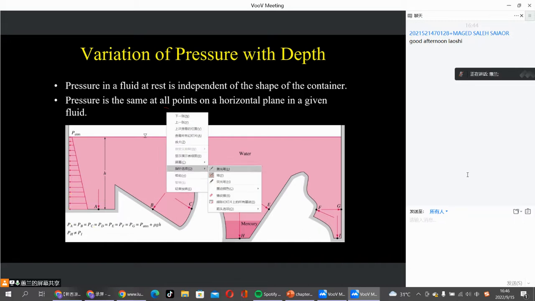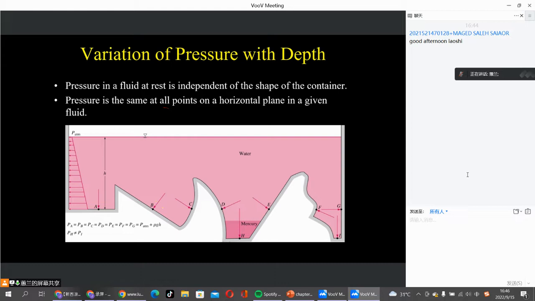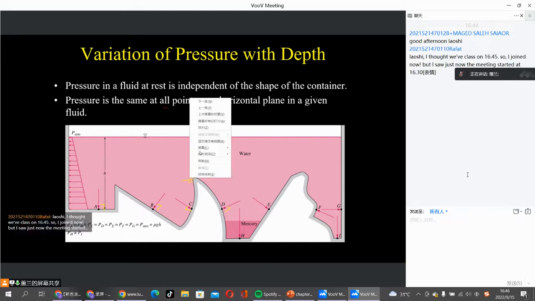And pressure is also independent of the rotation. That means just like here, at this intersection point, from here the pressure should be perpendicular to the surface and point to the surface.